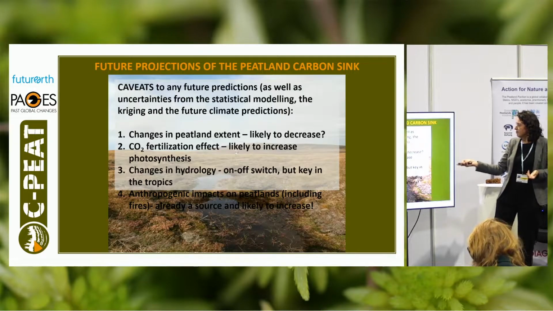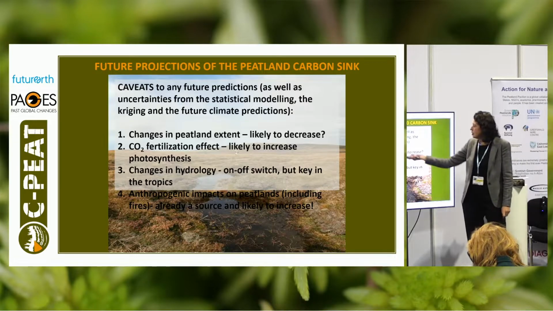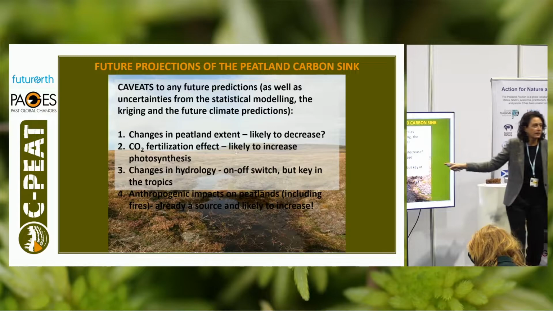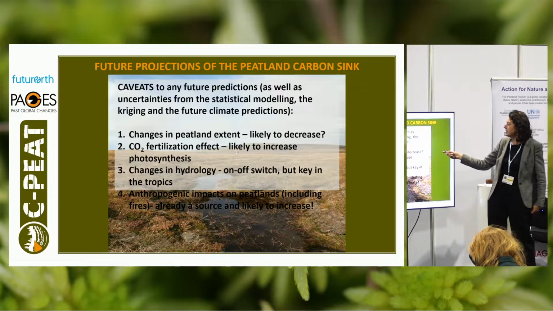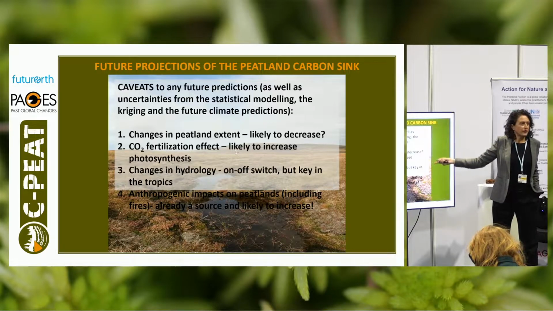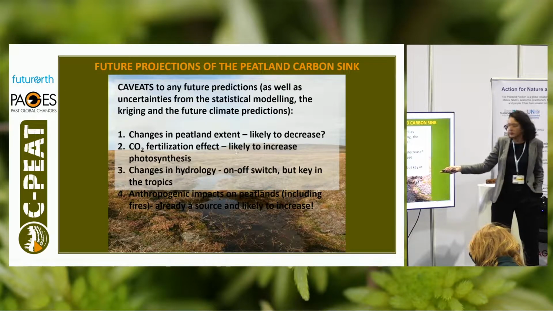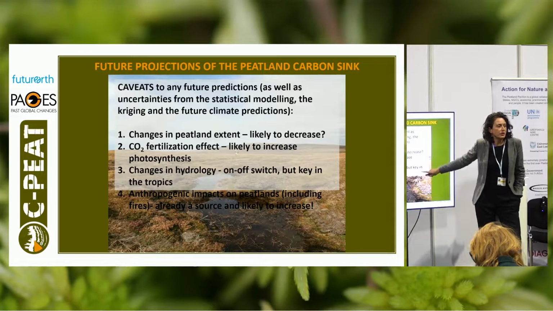But then there are loads of limitations to this. We actually don't look at changes in peatland extent. These are likely to be very important in the future, and we'll talk a little bit about this. We don't take into account the CO2 fertilization effect that we know is important as well. Changes in hydrology, again, we don't take into account.